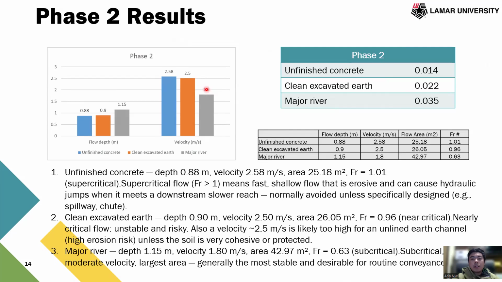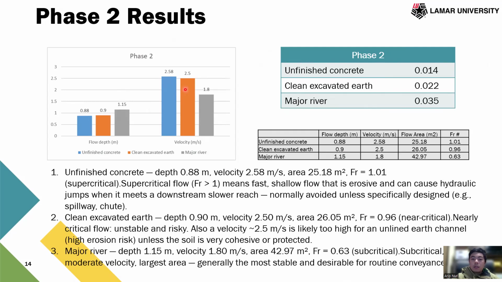And for the second phase, phase number 2, we have the same open channel shape, but different riverbed materials, like different roughness based on the Manning's value. For unfinished concrete, here we have a depth of about 0.88, velocity 2.58 meters per second, and flow area is 25.18.